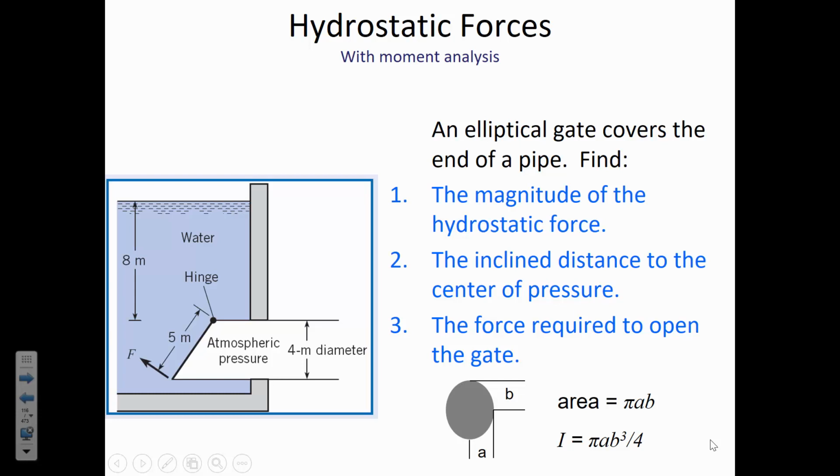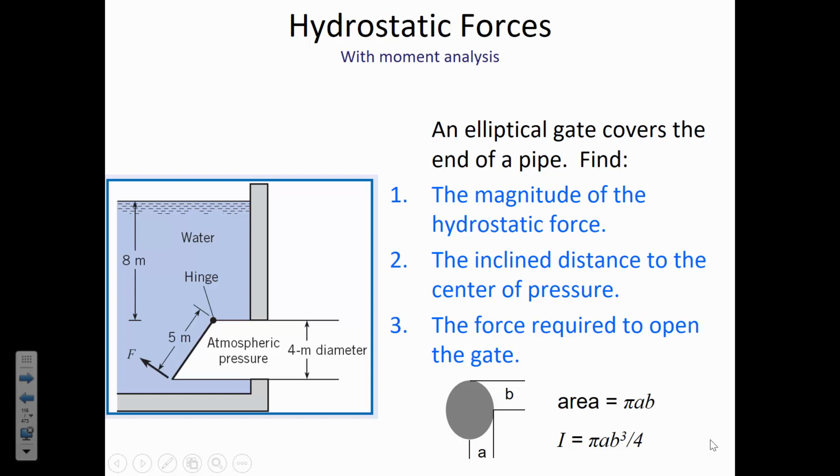In the area moment of inertia formulas, the way that they dimension an ellipse is A is the distance from the centroid to the edge. This is A. And B is the distance from the centroid to the top edge, the vertical. So whereas in the rectangular it was the full distance, for an ellipse it's just half the distance.